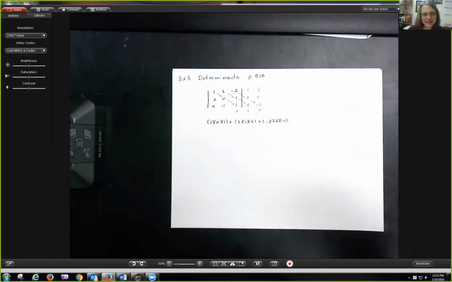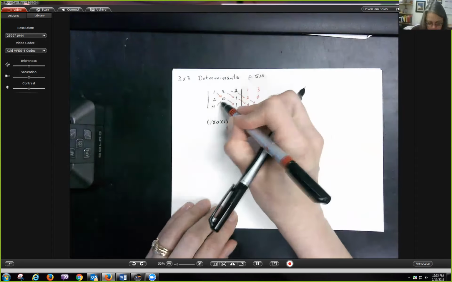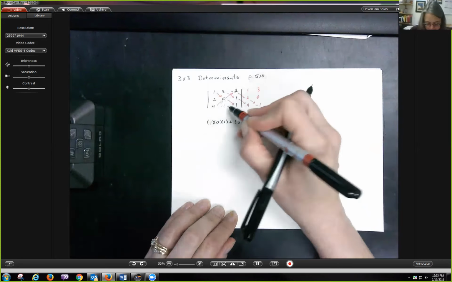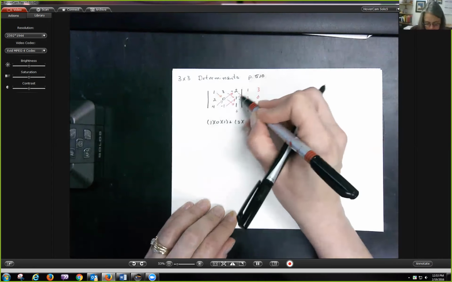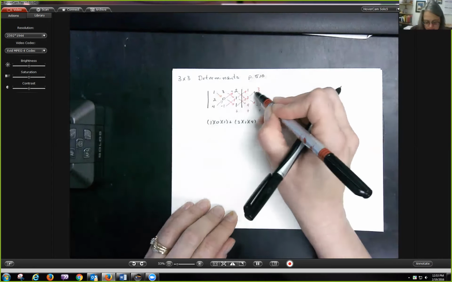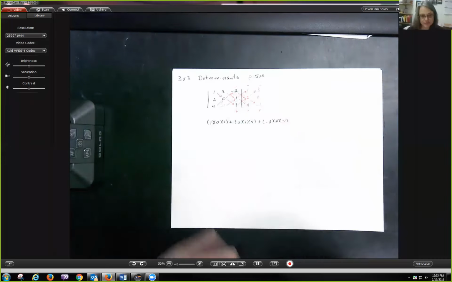Now we're going to take the upwards diagonal product. So start in the lower left and go up the diagonal. And all of our upwards diagonal products get negative signs.